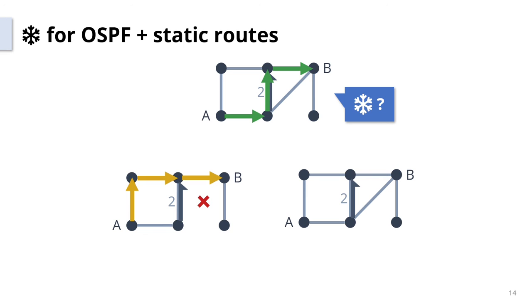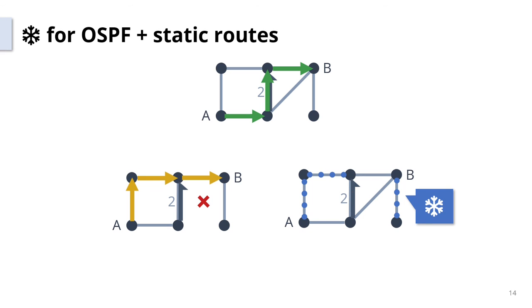NetDice actually reasons about the opposite and finds edges which may not be cold. These edges are called hot edges. We have already seen that the edges on the shortest path from A to B shown here have to be hot, because if any of these fails, then the forwarding path will change. Additionally, also the edges on the remaining forwarding path have to be hot.